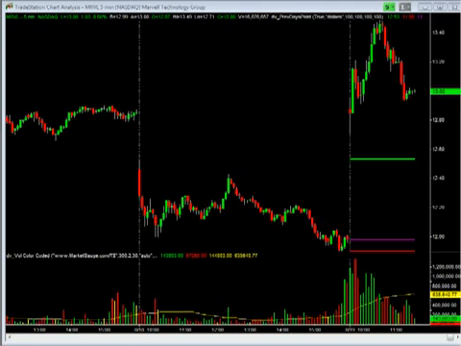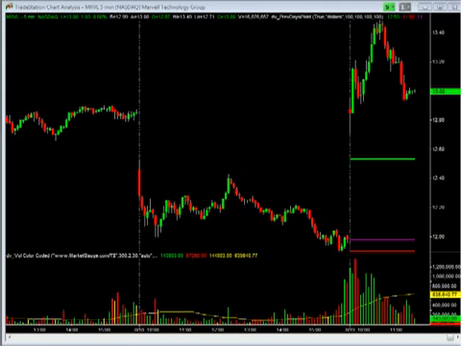Let me give you some examples. Right now we're looking at Marvel. I'll clean it up. I want you to focus on two different areas. First, the first bar that has very unusual volume, I mean huge volume. Then the next thing you want to look at when you're looking at volume in the morning is whether or not that volume continued.